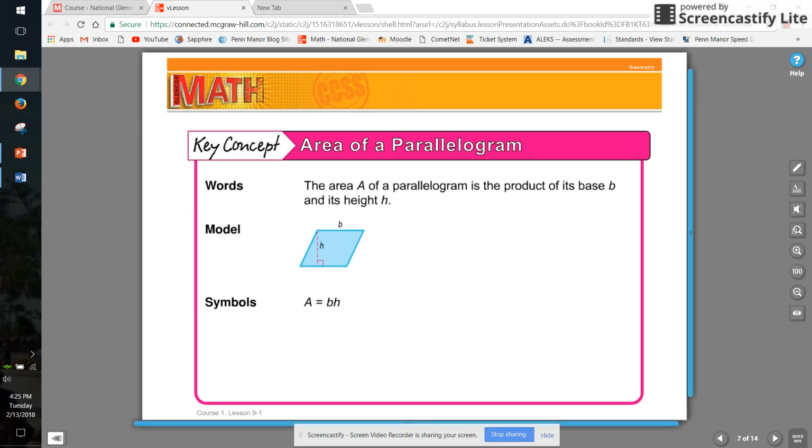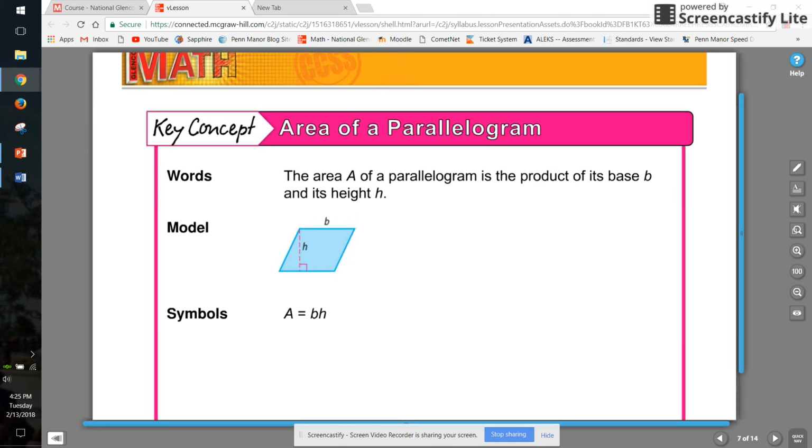I just want to point out something that's super important. This symbol here is the 90-degree symbol. It's a right angle symbol. No fancy name to it, but it's really important when we're doing geometry because it helps us identify both the base and the height of objects.